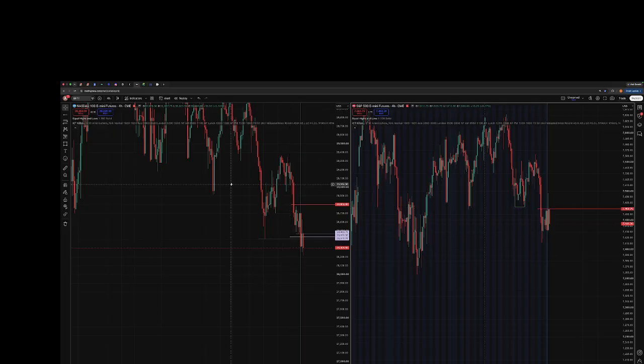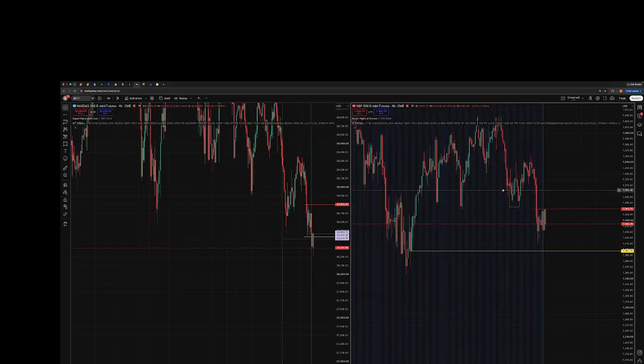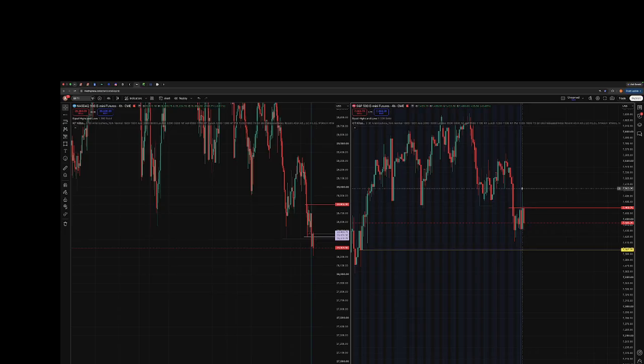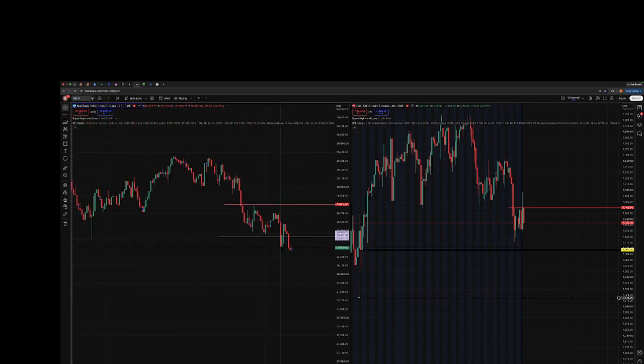Boom. And on ES, I wanted this weekly. Okay, so that's what I wanted. Where could we manipulate for delivering the 4 hour unfilled?